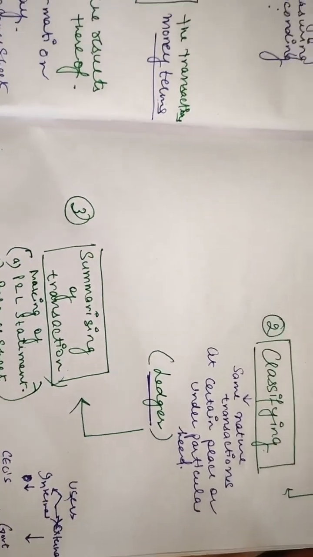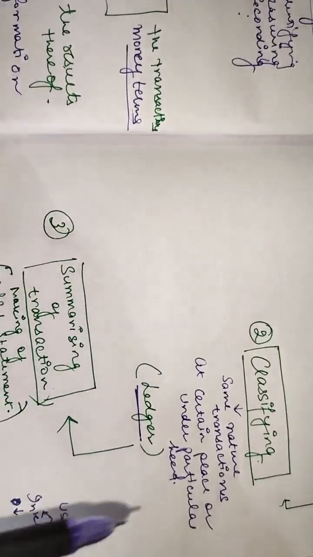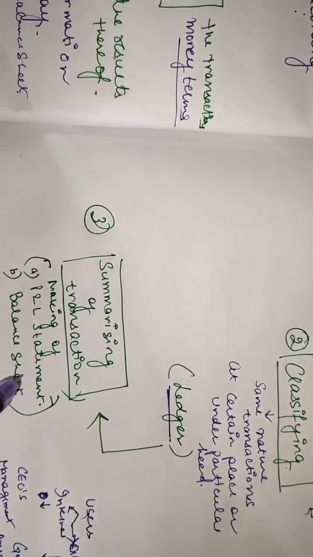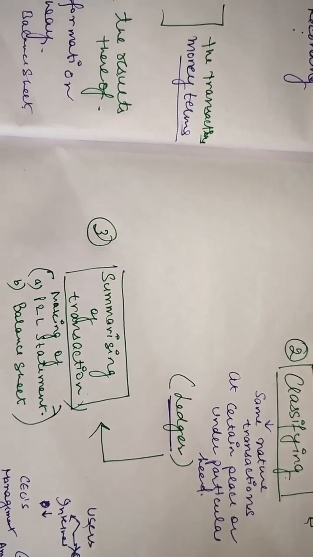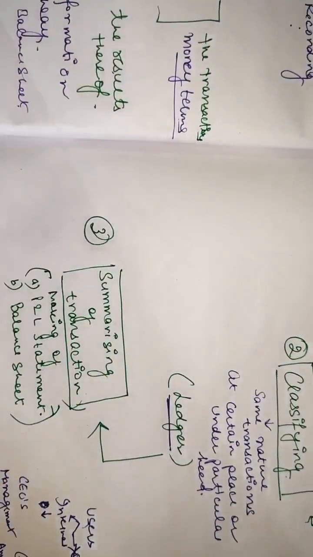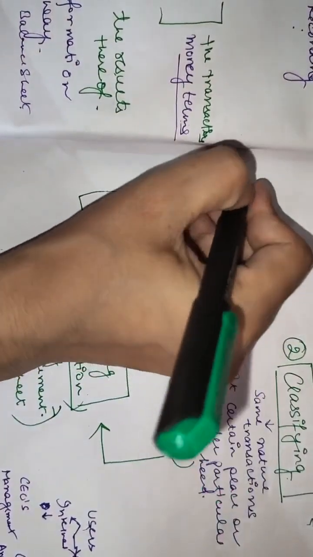So till now we have discussed about the 3 steps, that is first recording of the financial transaction, then classifying the same, and then summarizing the accounting information. So the next step here is interpreting.